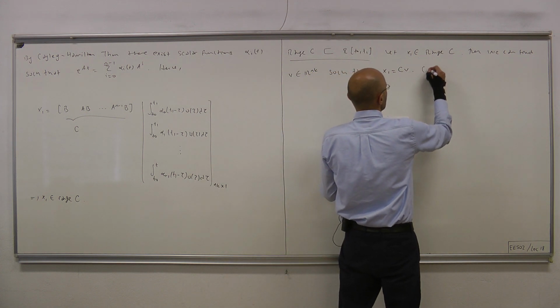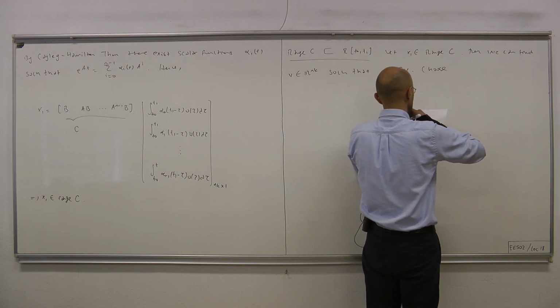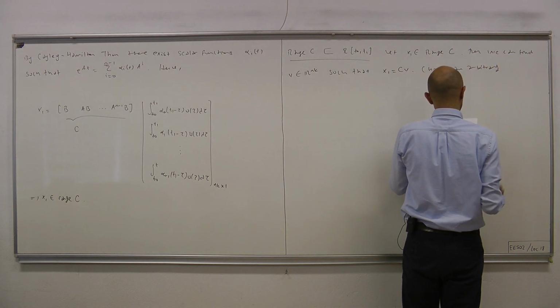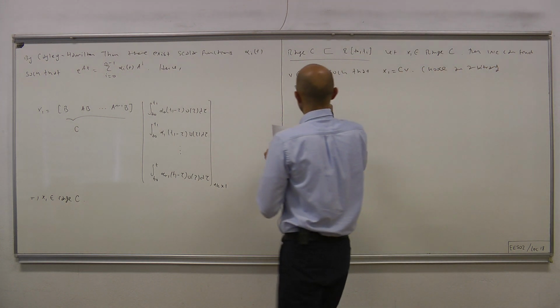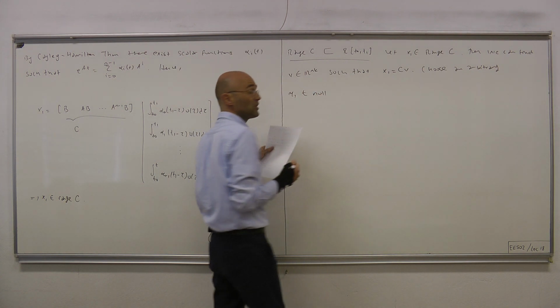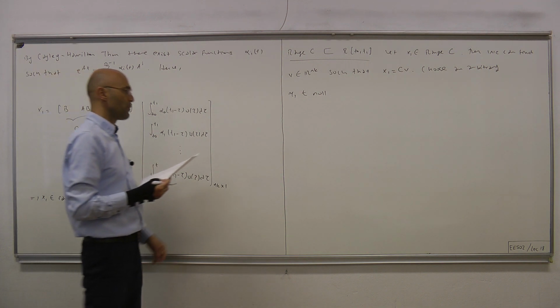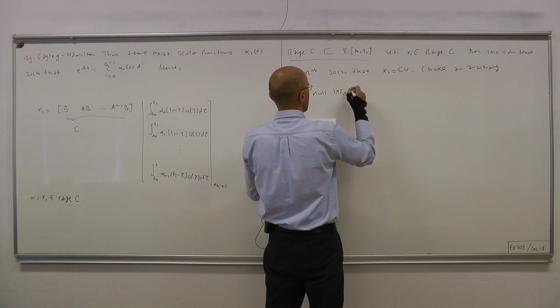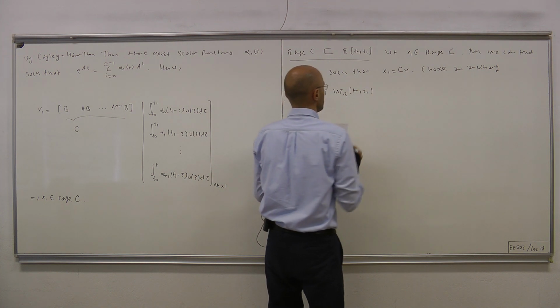Now, we proceed by choosing an arbitrary vector eta 1 from the null space of the reachability Gramian for the interval from t0 to t1.